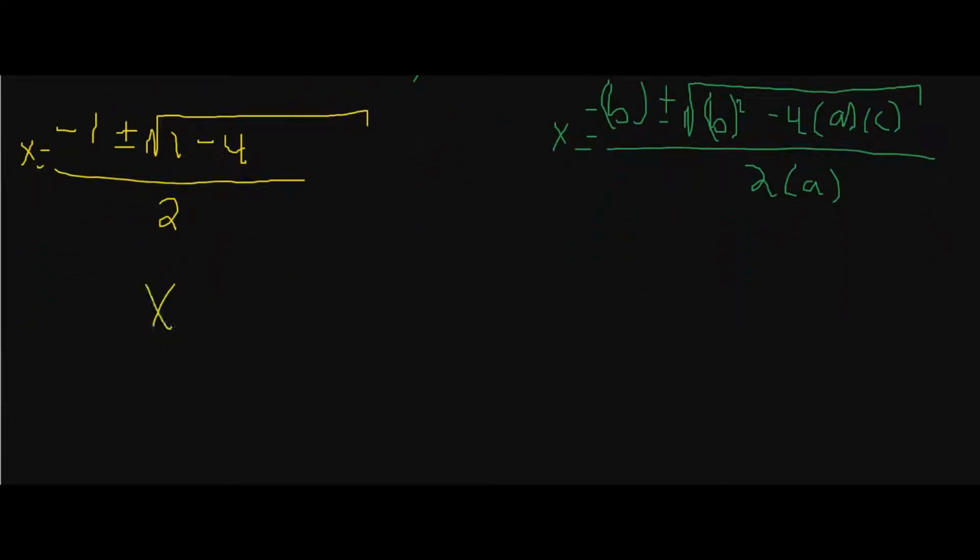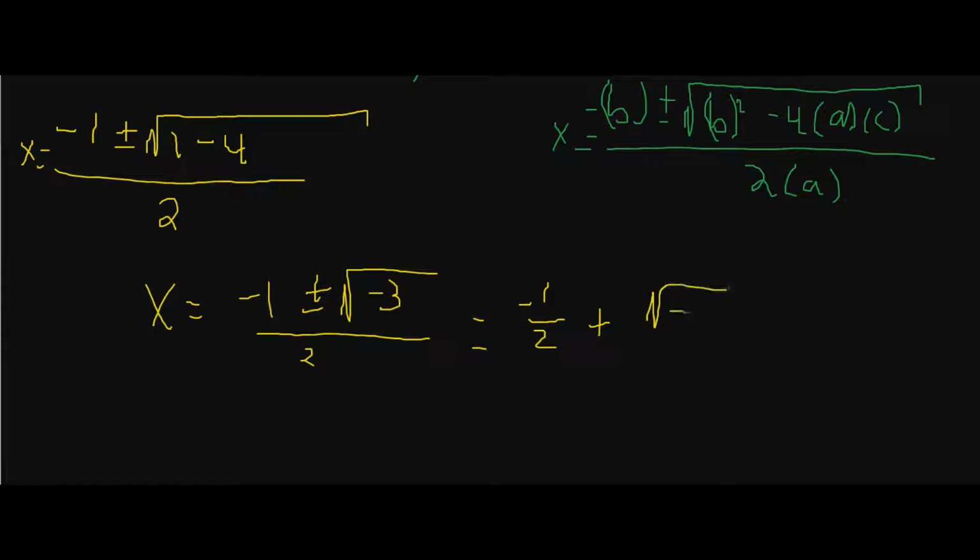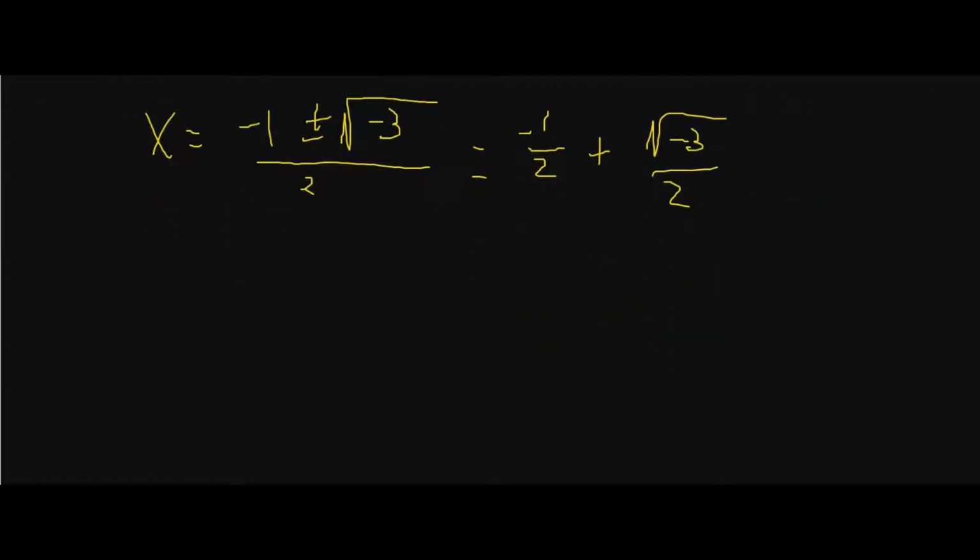This is going to be x is equal to negative 1 plus or minus the square root of negative 3, all divided by 2, which is equal to negative 1 over 2 plus or minus the square root of negative 3 over 2. And then this is going to become negative 0.5, plus, well, there's a negative inside the square root.